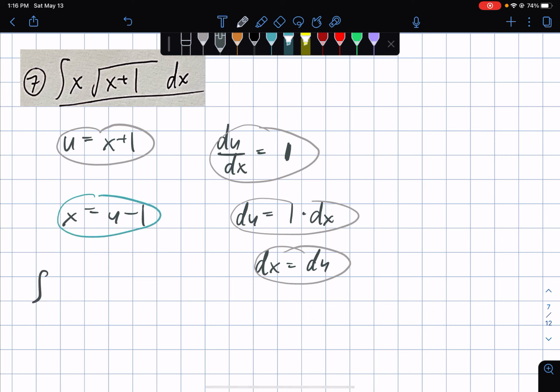And then we start substitution. X is u minus 1, so u minus 1, and then times the square root of x plus 1, that's the square root of u. And then dx is du.